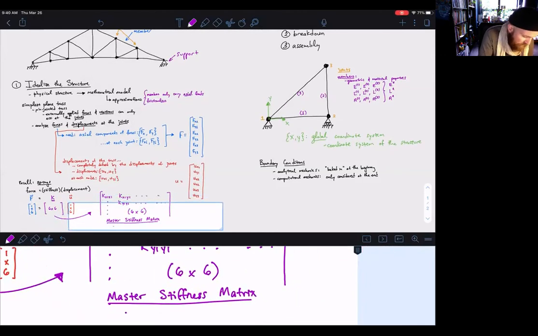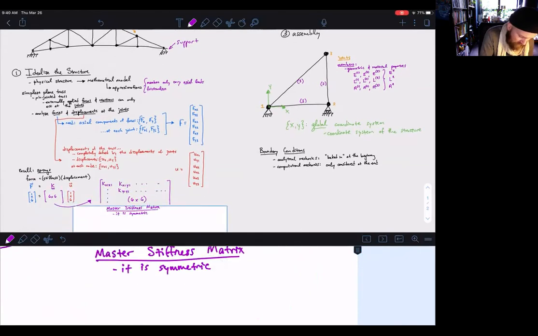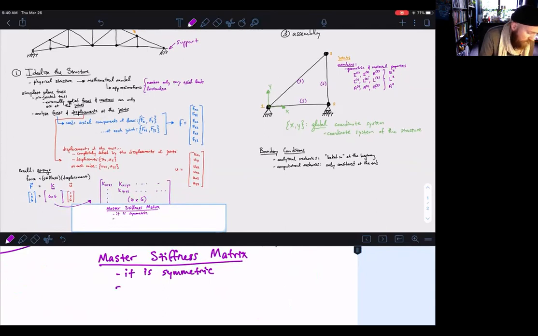And there's 2 points about it. This matrix is symmetric. And these entries are stiffness coefficients. And these stiffness coefficients have a very physical interpretation.